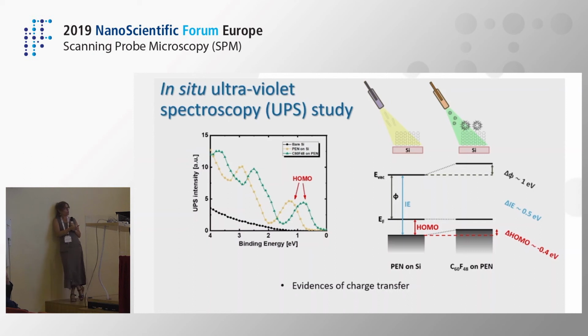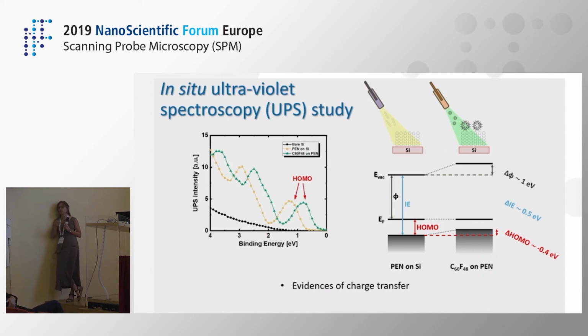So what we see by UPS is that the work function increases by 1 electron volt when the dopant is evaporated, and the HOMO of the pentacene is shifting about 0.4 electron volts towards the Fermi level, giving us evidence of charge transfer. However, although UPS is a very powerful technique, it is unreliable when you have an inhomogeneous surface, in particular with regard to the work function determination.